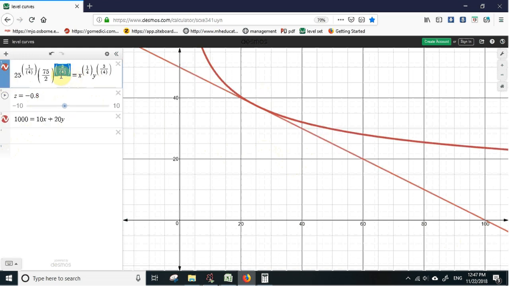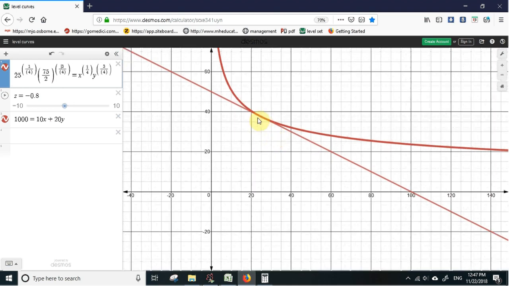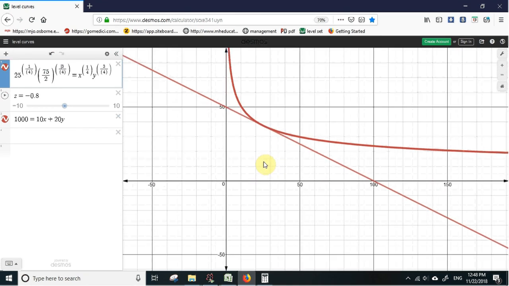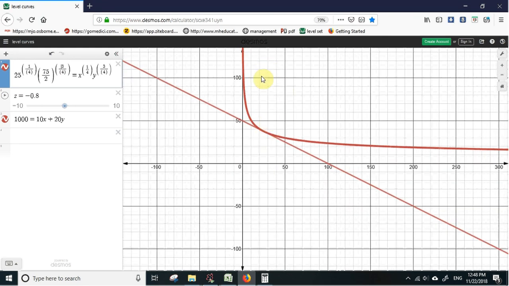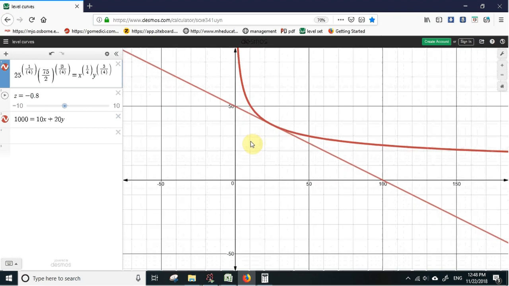To find the value of utility, I have substituted the value of x1 and x2, and this is the optimum commodity purchase point or the consumer's equilibrium. As I told a few minutes ago, the indifference curve in this case will be convex to the origin, so there is no need of checking whether the second order condition is fulfilled or not.